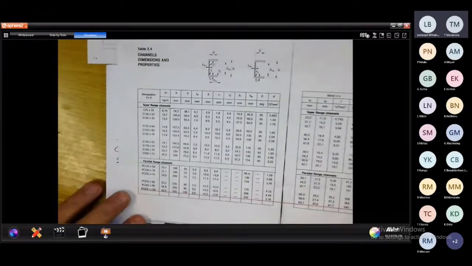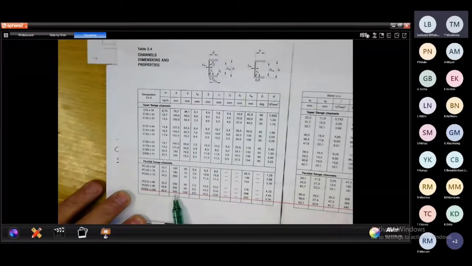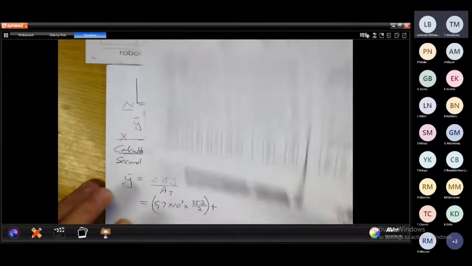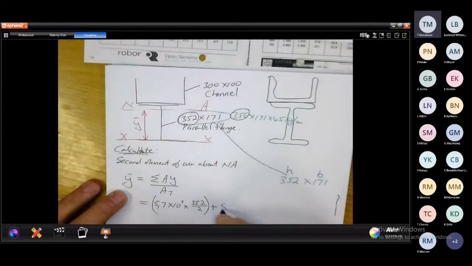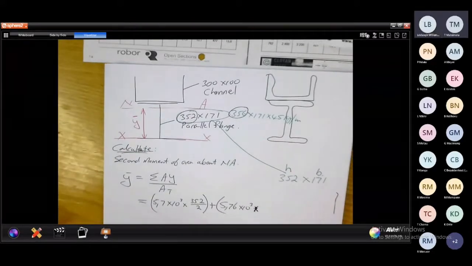I start looking here in my tables for 300. Right at the bottom is the 300, and there is my 100. That means my area is 5.76 times 10 to the power 3. Is it right? Plus. No, not plus, multiply, sorry. Now important is, what is my height?